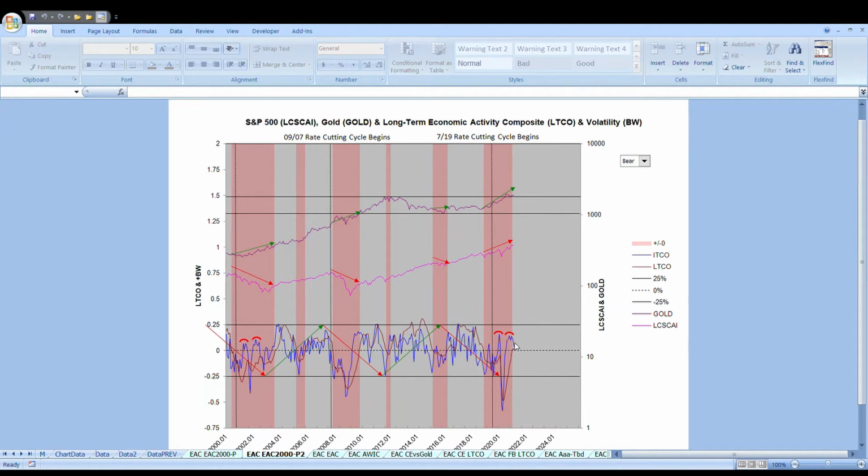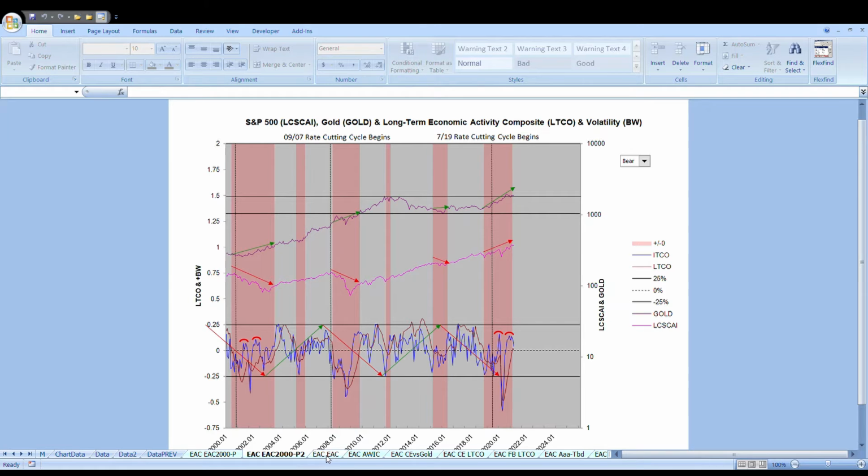What will happen is this will break below zero if it continues, and it'll pull down the long-term oscillator eventually. So the economic expansion that everyone's so highly touting, it's there, it's weak, and it might not hang in there. The intermediate is already starting to break down, which means we could be back into an economic contraction phase.